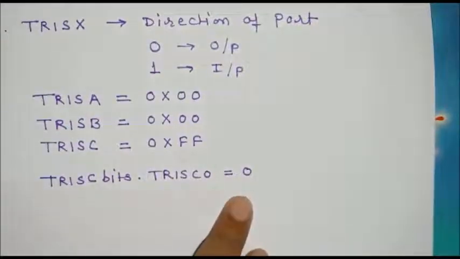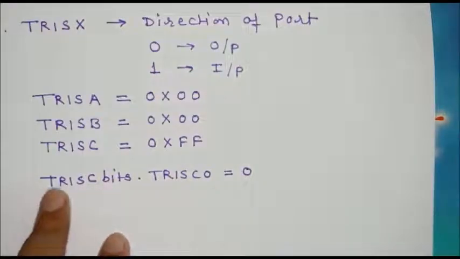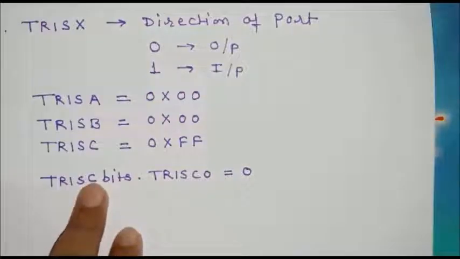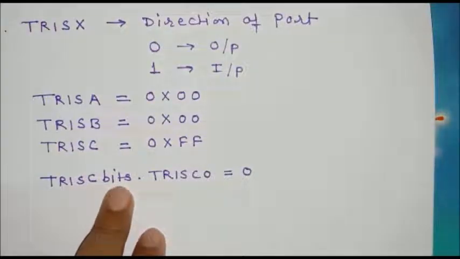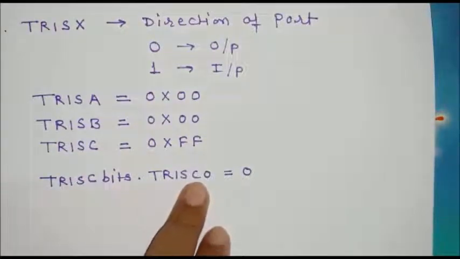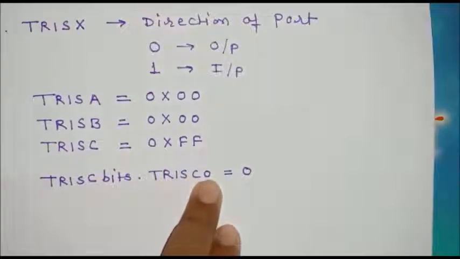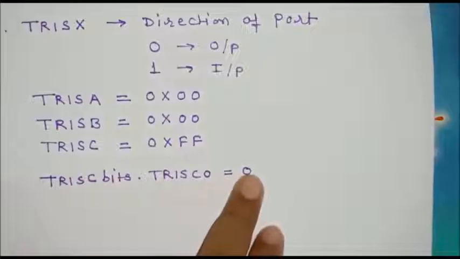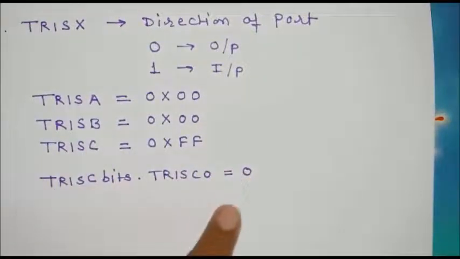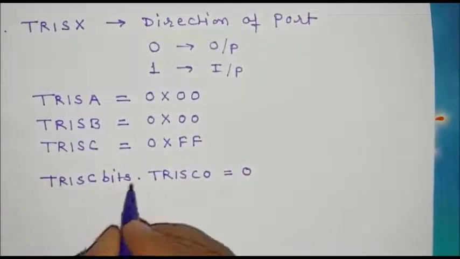So to give a direction to only one port terminal, we can use this type of instruction. TRIS, since we want to set a direction for port C, so C here we will write, and only one bit, so we have to use bits dot TRISC, and 0th pin we want to use for direction, so here we'll initialize it to 0. So this pin is used as an output pin.